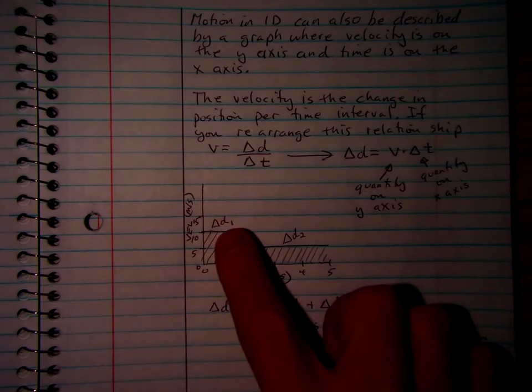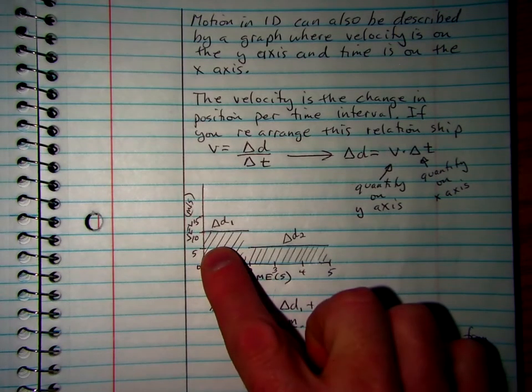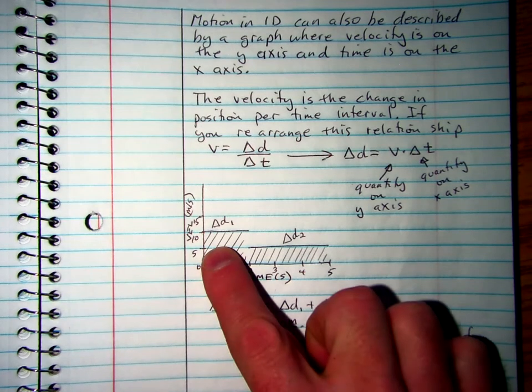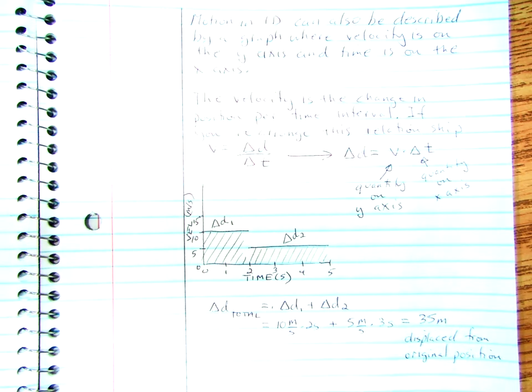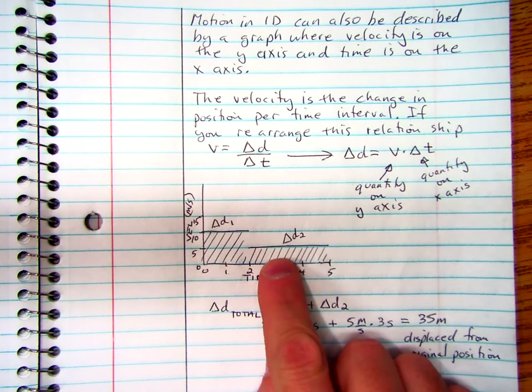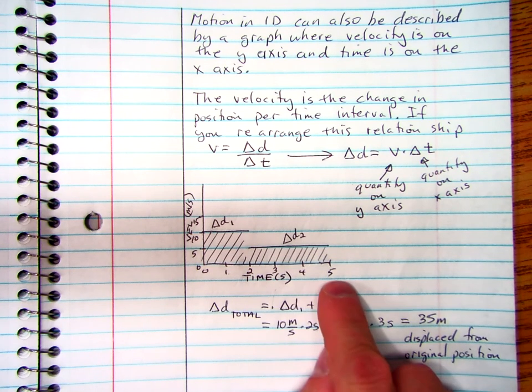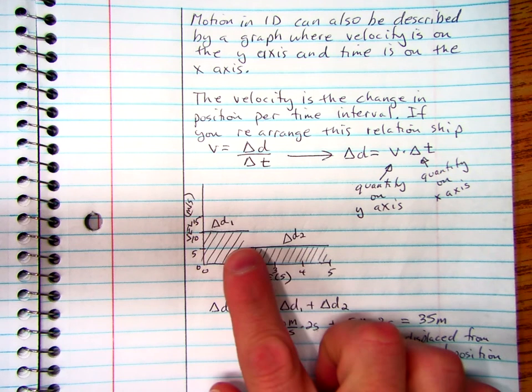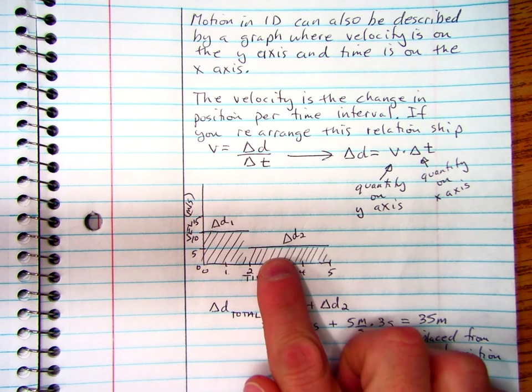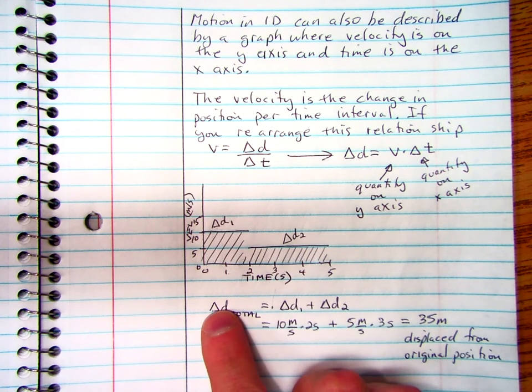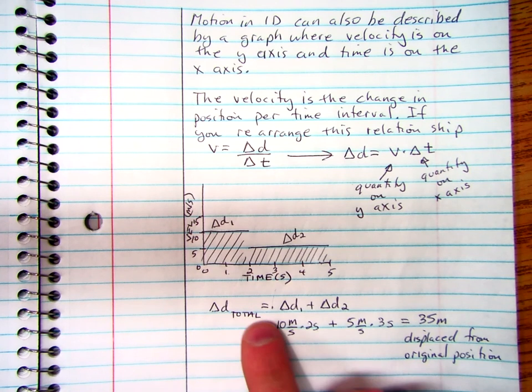The area of this is the displacement during the time interval from 0 to 2 seconds. And the area of this is the displacement during the time interval from 2 to 5 seconds. If we add these two areas together, we get the total displacement from 0 to 5 seconds. So here's how you do it.